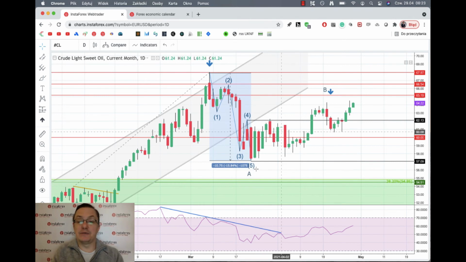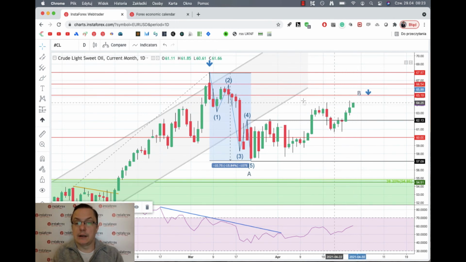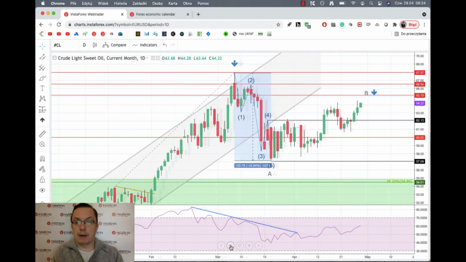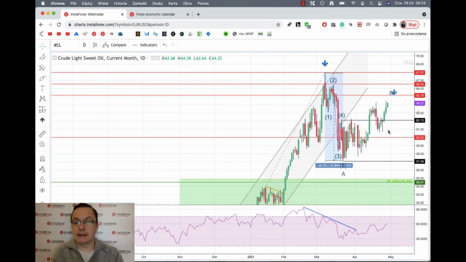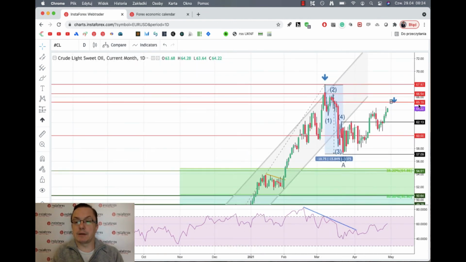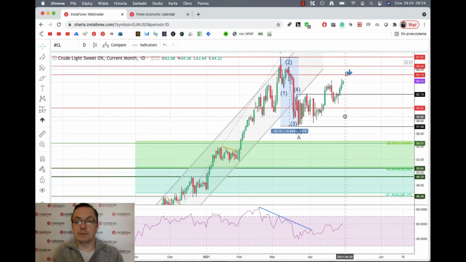The market is confused and it doesn't know what it wants to do really, so it tries to go back up again, but I think this is still just wave B in progress, much longer in time and bigger in price than usual, and it looks like we are about to complete this wave B and then of course reverse from around 65.19 a little bit lower.